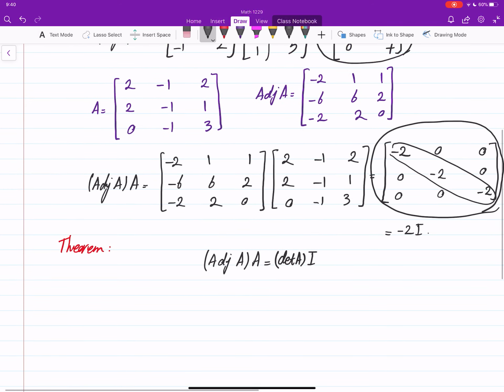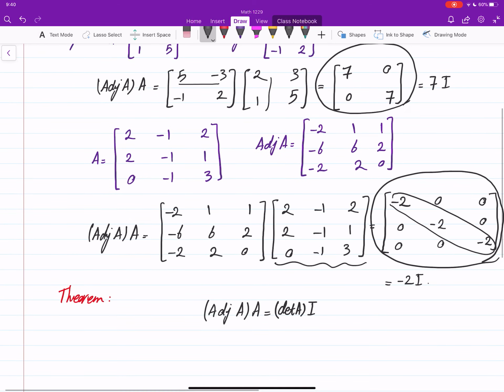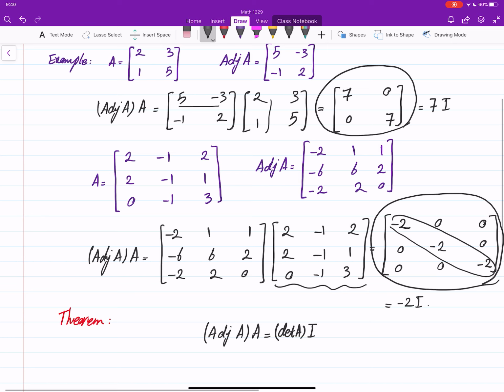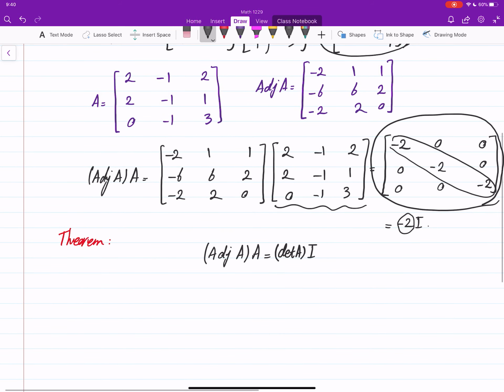You can compute the determinant of this matrix and you will see that it is negative 2, and the determinant of this 2 by 2 matrix is 10 minus 3, 7. That's exactly what we have there, and that is the key point. Why?